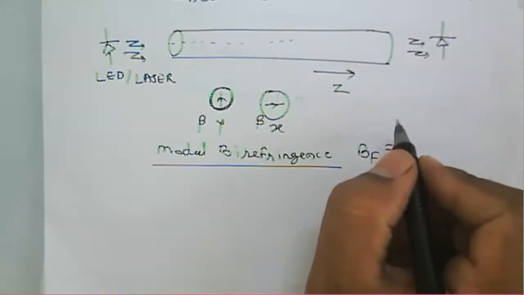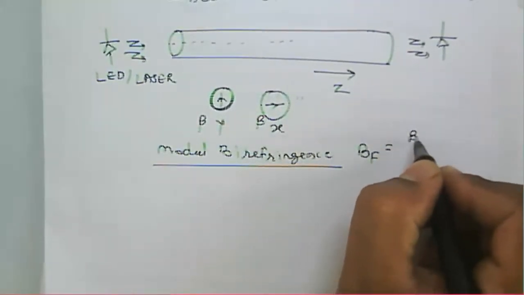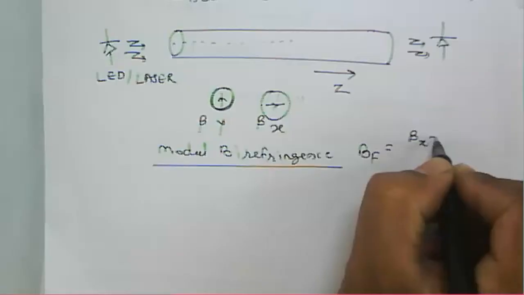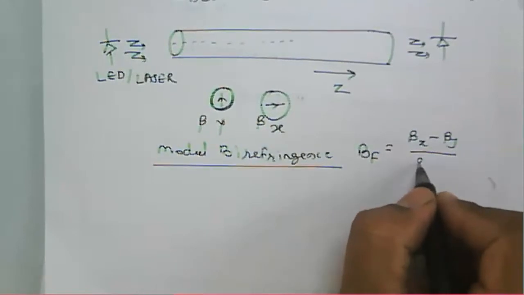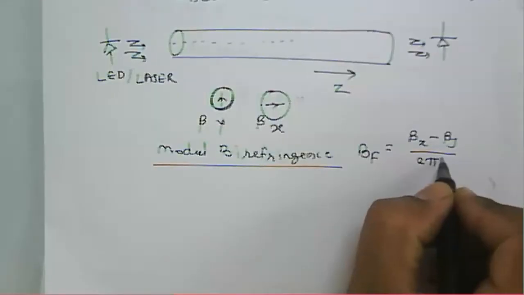So the birefringence depends upon the phase difference in that particular component with respect to a factor of the wavelength.